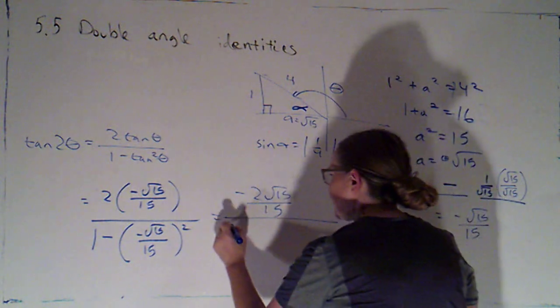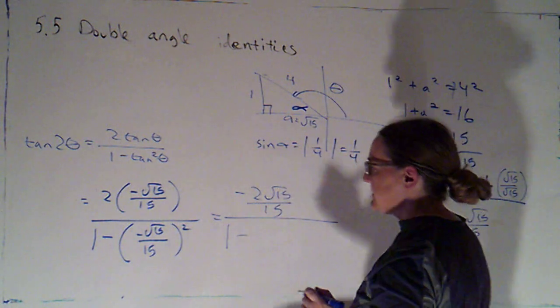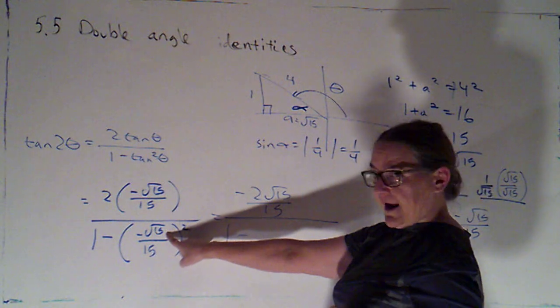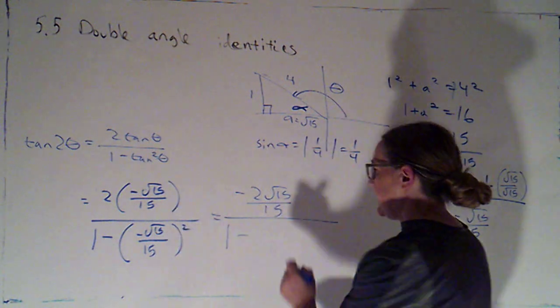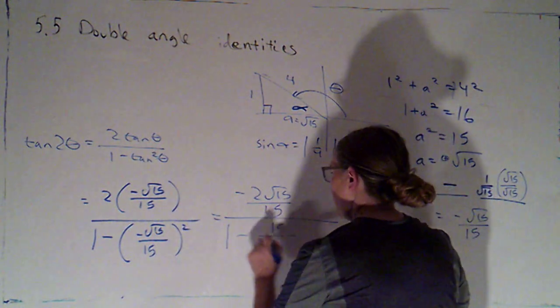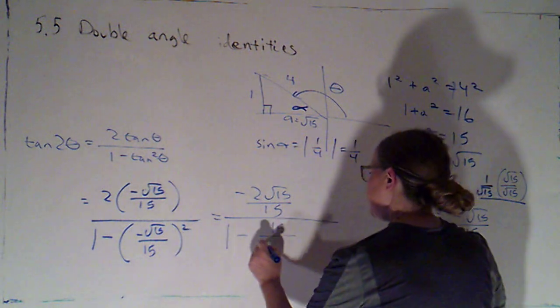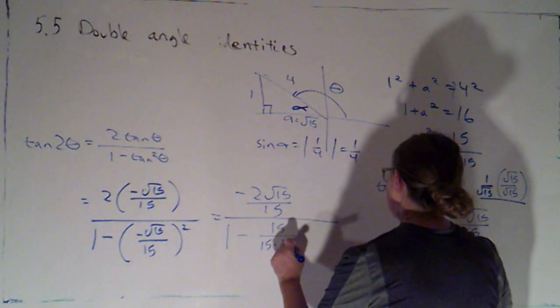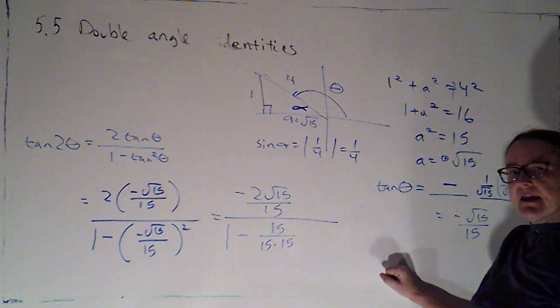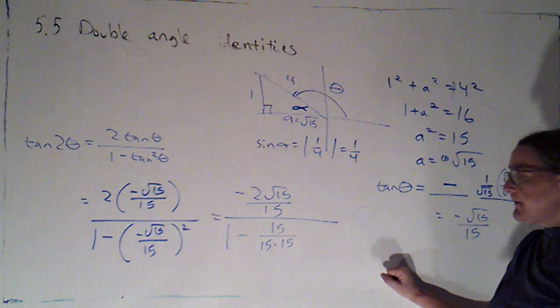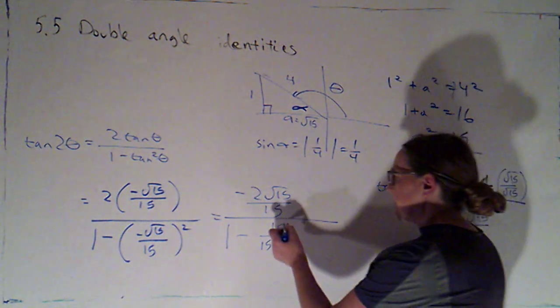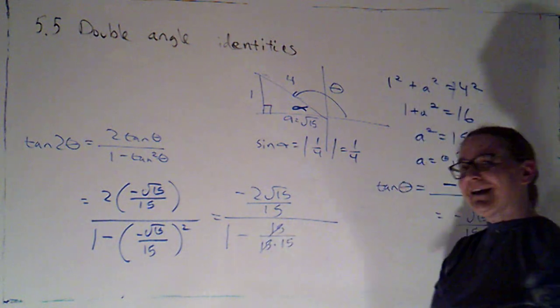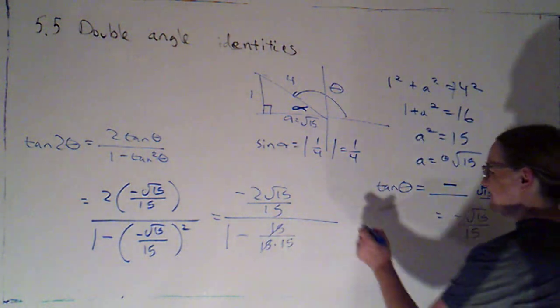Now on the bottom, that's going to be 1 minus. Now, when I square negative root 15, I'm just going to get 15 over 15 squared. Now, if I'm feeling slightly lazy, I can observe that 15 squared is 15 times 15, and one of those 15s is going to cancel with the 15 on top.